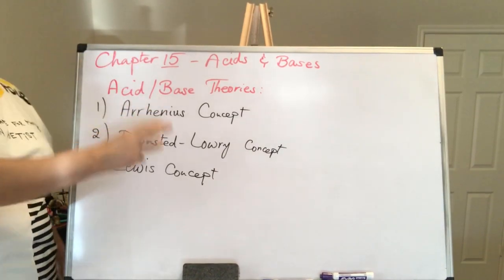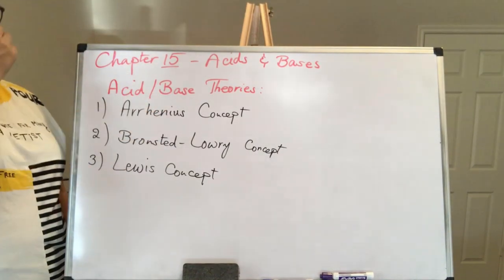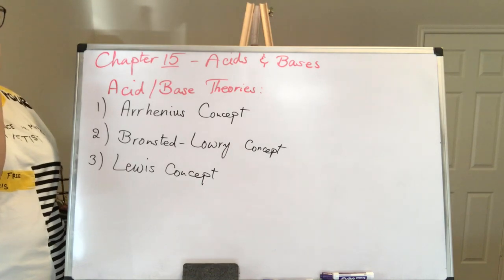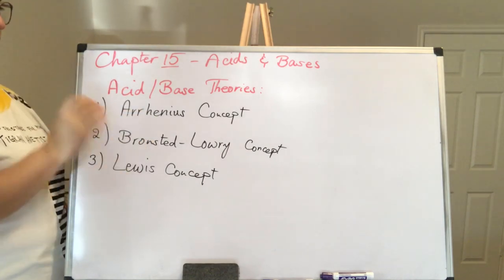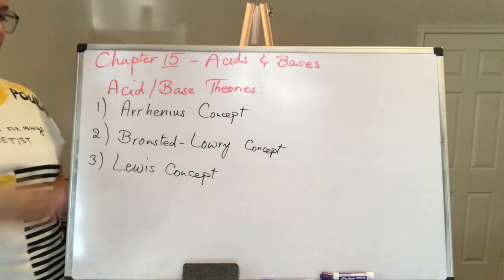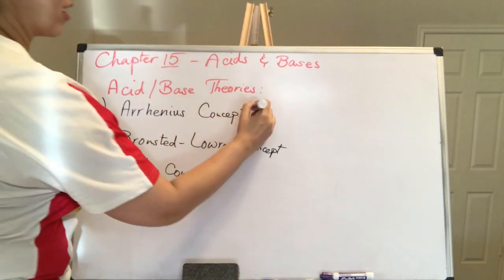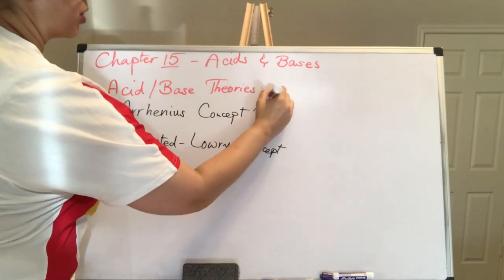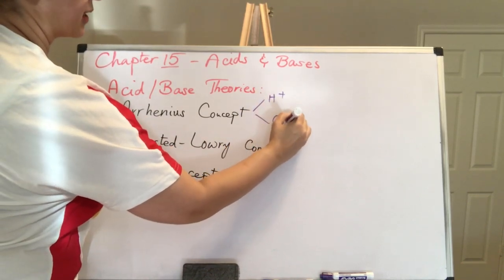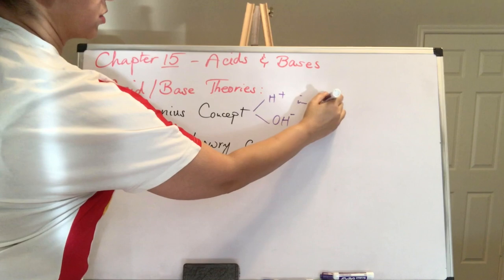There are three theories in acids and bases. We will learn those three. Arrhenius concept is the first thing that you know. It talks about the hydrogen ion and hydroxide ion in aqueous solutions.